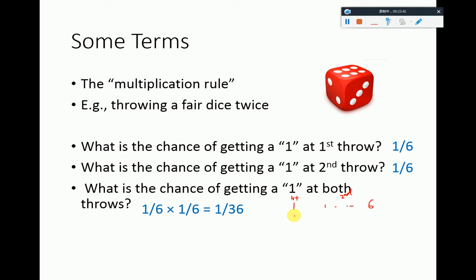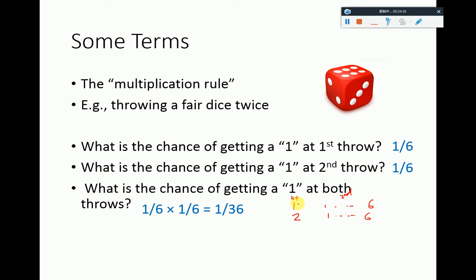What if you have a 2 for the first throw? Again, you will have 6 possible outcomes. That's again what we mean by these two throws being independent, because whatever value you throw, it is equally likely to get any outcome from the second event. It's not like if you throw a 1, it's more likely for you to get a 6 at the second event.